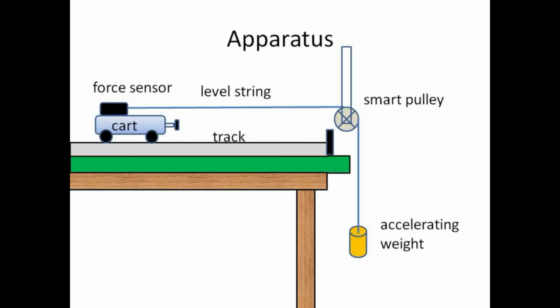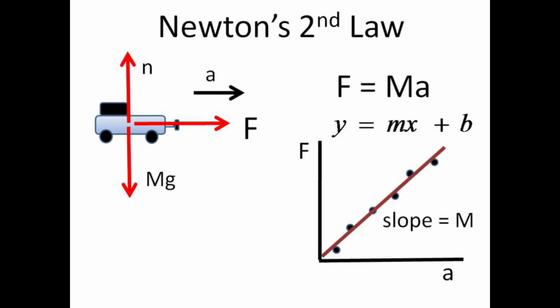The apparatus you will use to study the second law consists of a cart with a force sensor on board, accelerated down a straight track by a string passing over a smart pulley and attached to an accelerating weight. The smart pulley sends signals to the computer about its amount of spin so that the acceleration may be determined. A free body diagram of the cart reveals two vertical forces canceling each other.